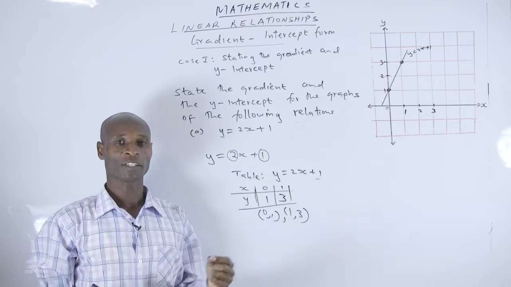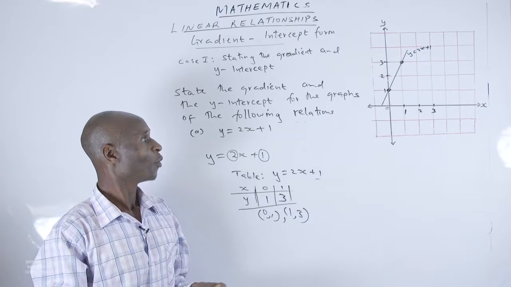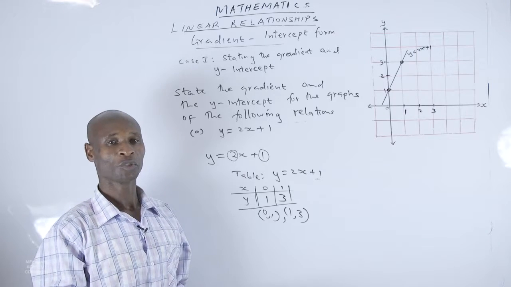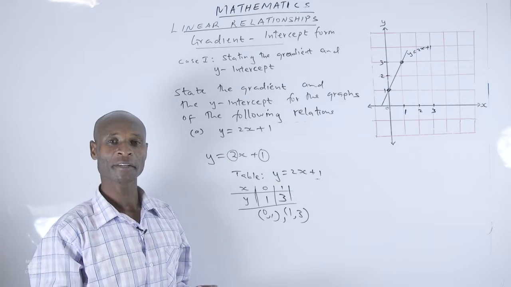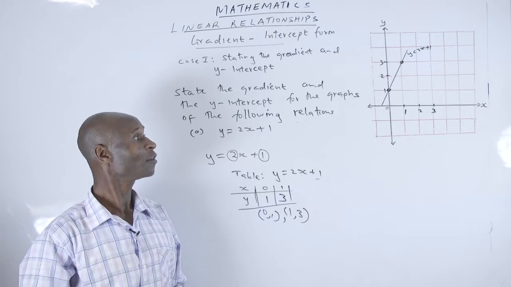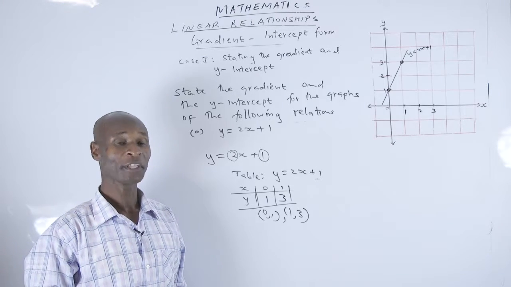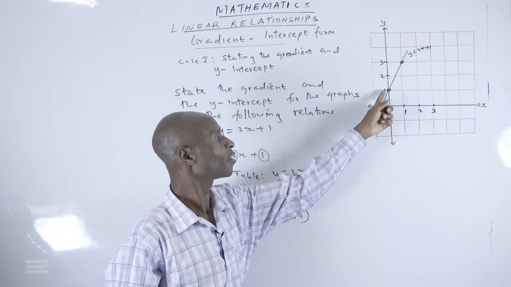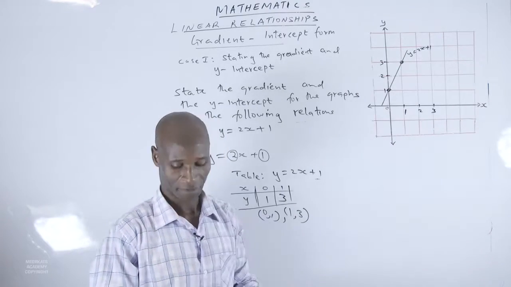In that particular straight line graph, we can find the gradient by introducing a right-angled triangle between the 2 points, that is (0, 1) and (1, 3).